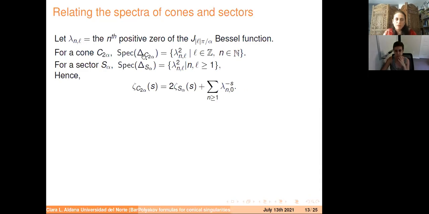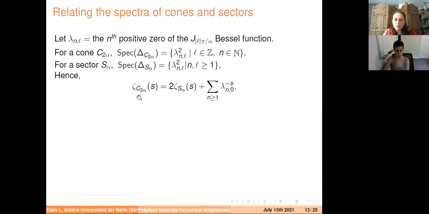So for cones, the spectrum is lambda_{n,l} to the power of 2, where l runs over Z and n runs over N. And for a sector, the spectrum is these positive zeros of the Bessel functions squared, and n and l go only for l bigger than or equal to 1.